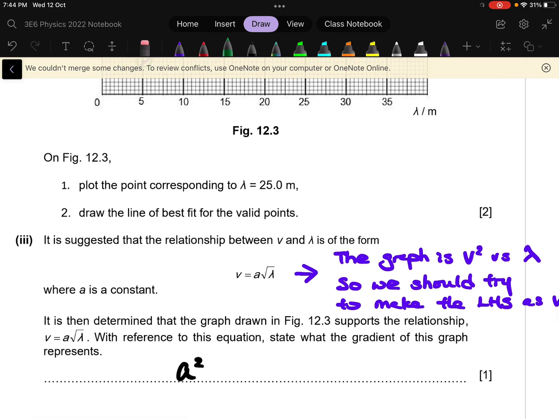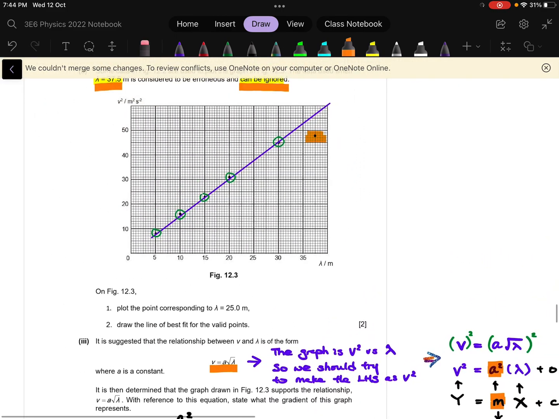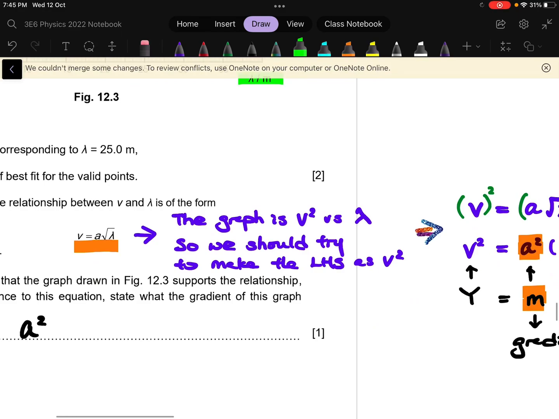For part 3, we just want to check how many of you are still not comfortable dealing with y equals mx plus c. We give you this particular formula, and the graph given to you is v squared versus lambda. So what you should try to do is make the left hand side of the equation v squared, because this is your y and this is your x.